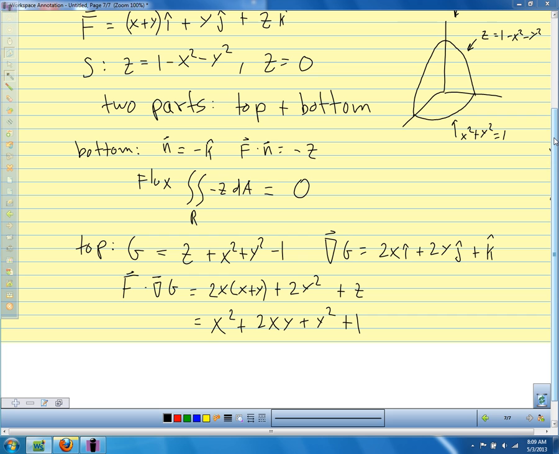And we're integrating over the region in the xy plane. Our region is a circle in the xy plane, so how are we going to want to evaluate this? Polar coordinates. So we're going to change this to polar coordinates. I'm going to go to the next page here, but we're going to evaluate this integral in polar coordinates.